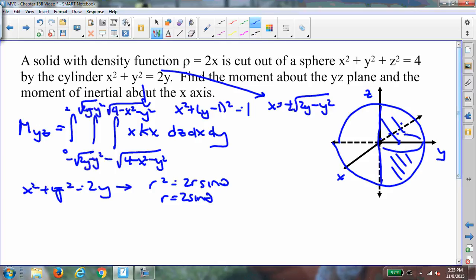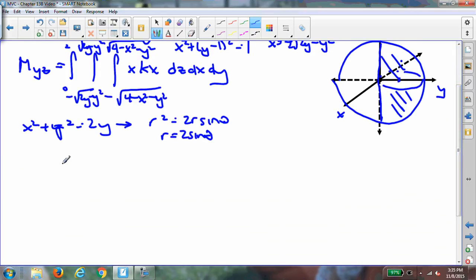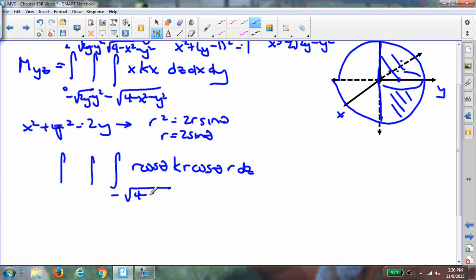So if you wanted to set it up in polar, you would have your x, which would be r cosine theta. You'd have your density, which is kx, so that would be kr cosine theta. You'd have your conversion r. Then dz would go from the lower half of the sphere, negative square root of 4 minus r squared, to the top, square root of 4 minus r squared.